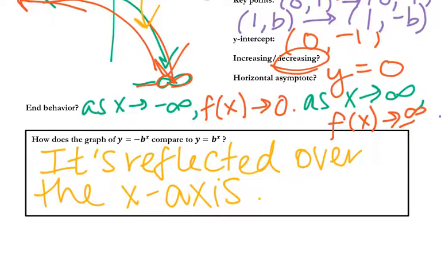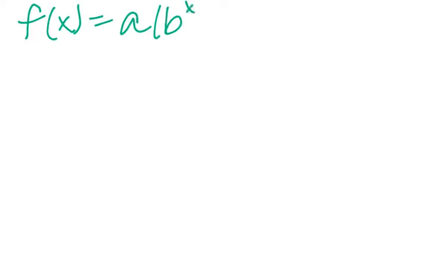All right, on to example 6. Now, I wasn't able to get example 6 to upload into this program, so I'm just going to use the white space here. In example 6, we're looking at f of x equals a times b to the x plus k. We've already done the plus k.